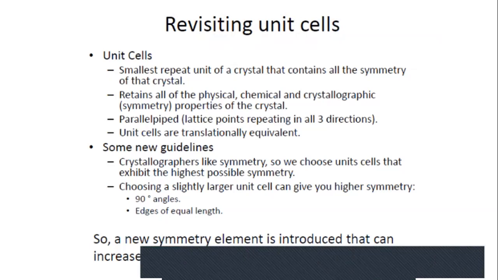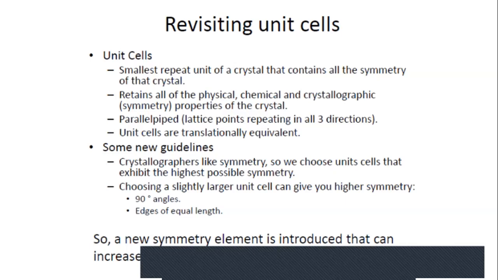So now we're going to introduce some new guidelines, and one of them is that crystallographers like symmetry. So we like to choose the unit cells that exhibit the highest possible symmetry. We always like to go higher to get the highest possible symmetry. Sometimes when you choose a slightly larger unit cell, you can get higher symmetry in it.